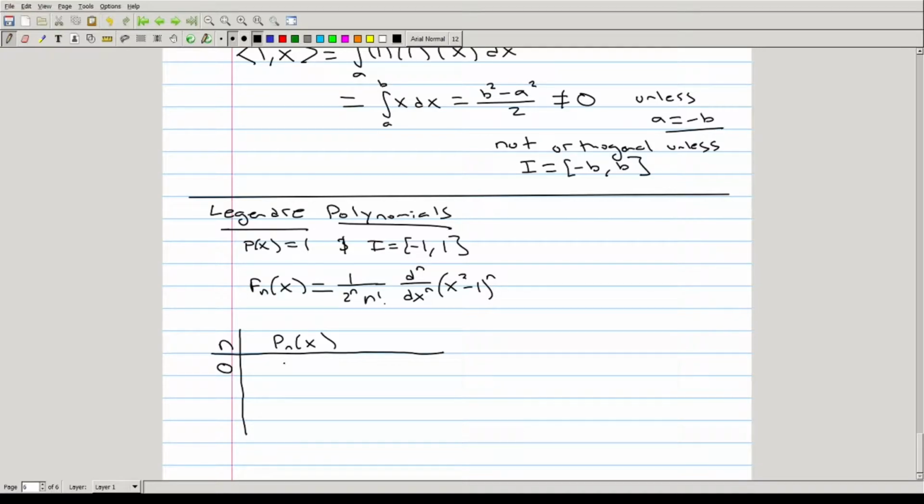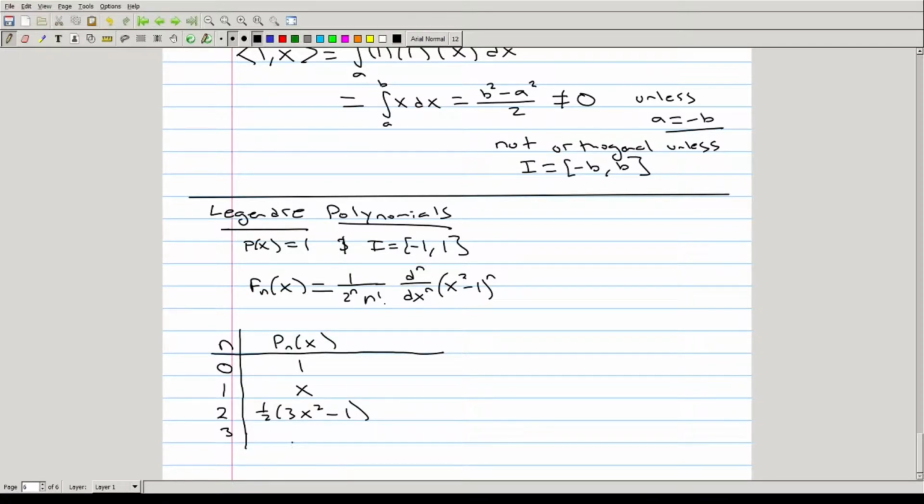For n equals 0, the first polynomial is 1. For n equals 1, x is a member of these Legendre polynomials, and if you go through and either recursively or directly apply this formula, for n equals 2, you get the polynomial 1/2 (3x squared minus 1).